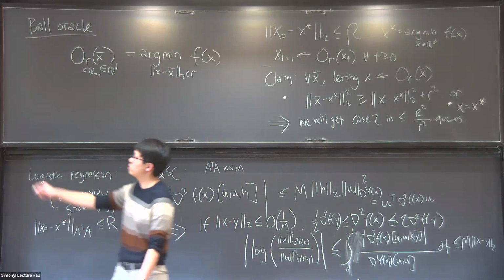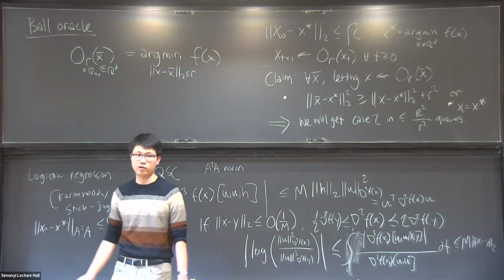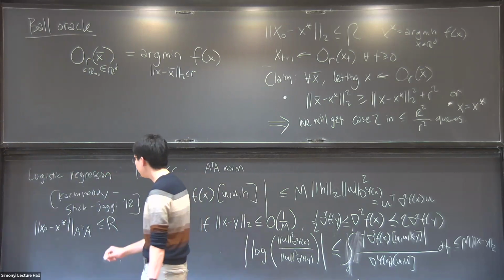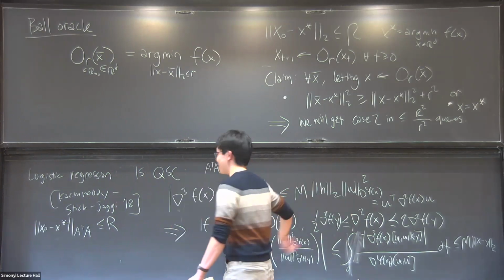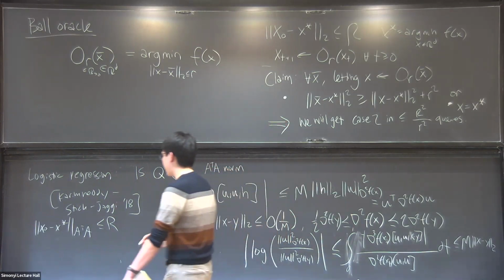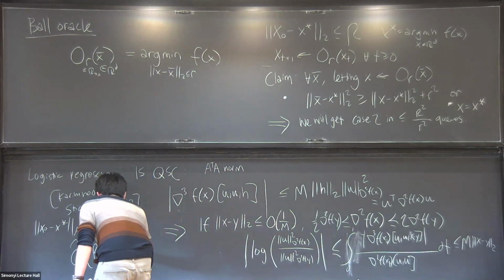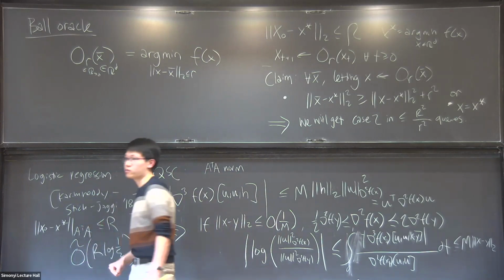Here A is the concatenation of all the a_i used in the definition of logistic regression. Then by using this within the balls and then this outside the balls to stitch them together, you can get an algorithm which terminates in roughly r log 1 over epsilon iterations.